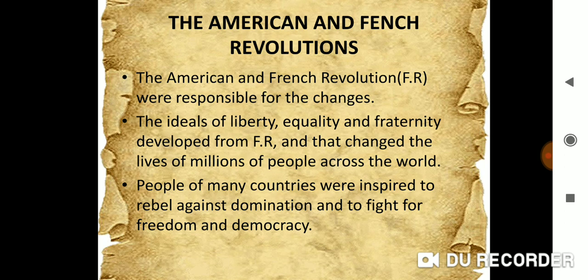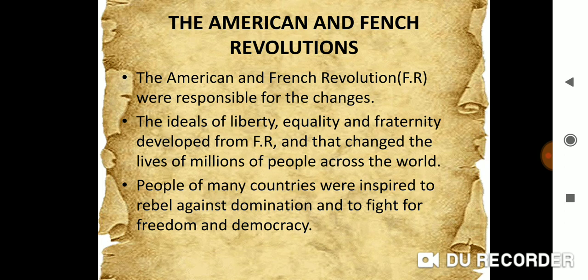So these three ideologies developed after the French Revolution, and that changed the lives of millions of people across the world. Why? Because at that time, in most European countries, there was no idea of liberty, there was no idea of fraternity.